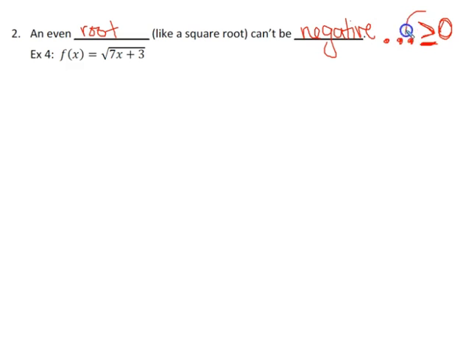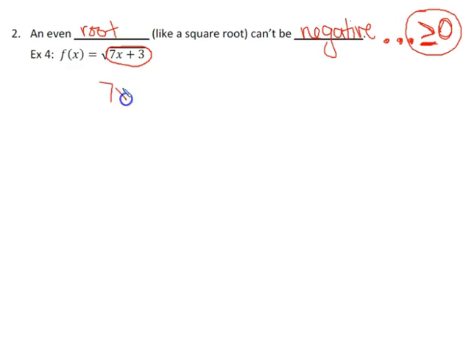So this is going to be a big idea, just like when we looked at fractions, we cannot equal 0 in our denominator. When we're looking at roots, we want our domain to be greater than or equal to 0. So taking a look at this example, we cannot take the square root of a negative number. So this radicand, which is the inside stuff, cannot be negative.